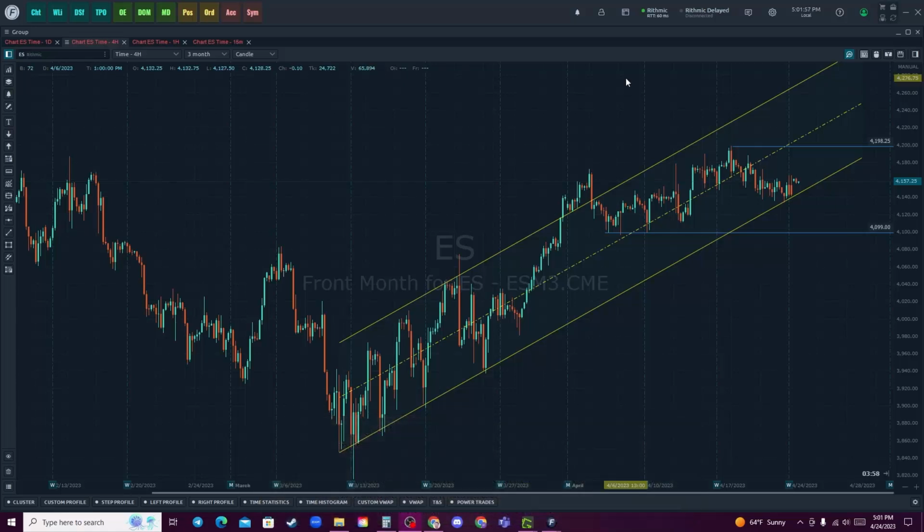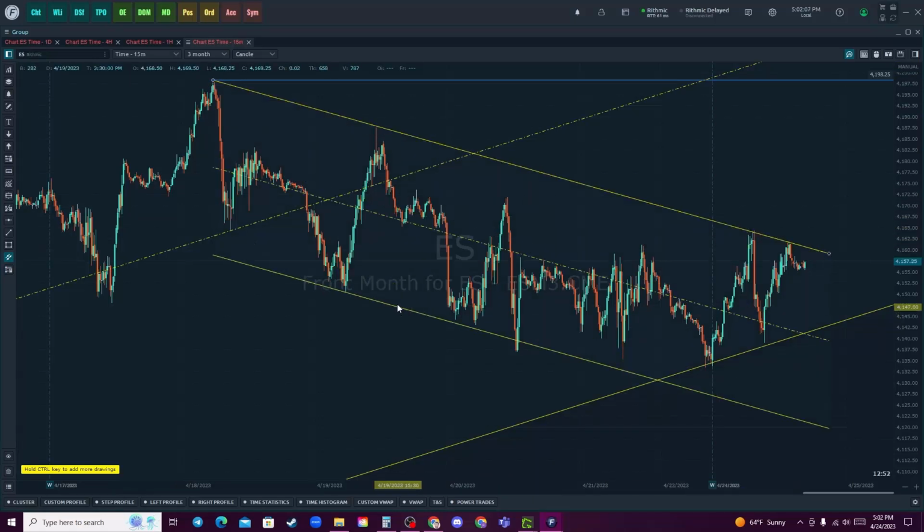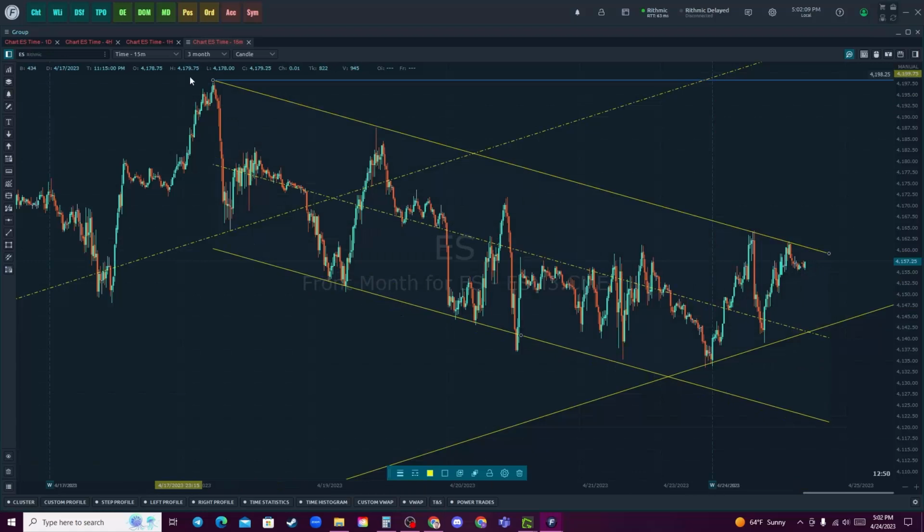So when we drop down here to a lower time frame, let's say 15-minute, there is a short-term downtrend here. So within this longer-term uptrend on the 4-hour, price has been working down to the bottom part of this 4-hour channel.